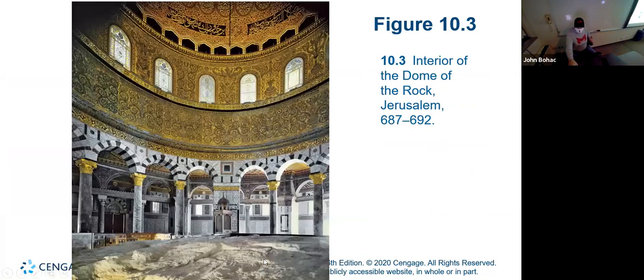Here is the inside, the interior of the Dome of the Rock. And this is, you see, kind of borrowed. It's a column, somewhat of a Corinthian type column, Greek, Roman archways.